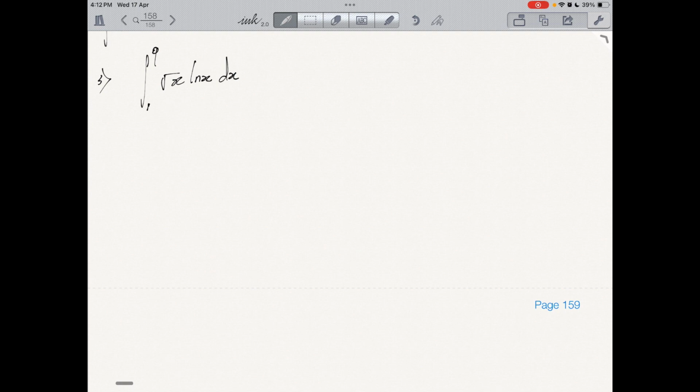Now if you look at this, root x can be written as x raised to power half. So we can rewrite the question as the integral of x raised to power half ln x dx.